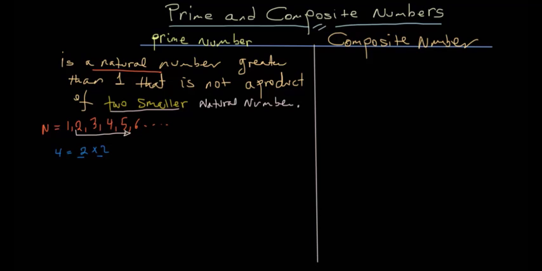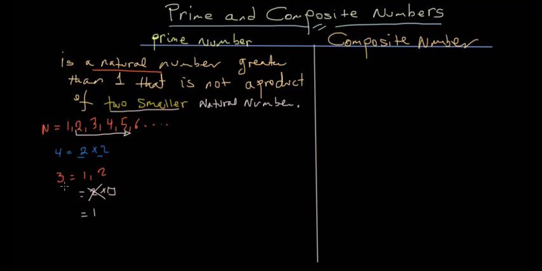But when we take 3, you can't express 3 as a product of any smaller numbers. The only smaller numbers are 1 and 2. By what number should you multiply 2 to give 3? There is none.